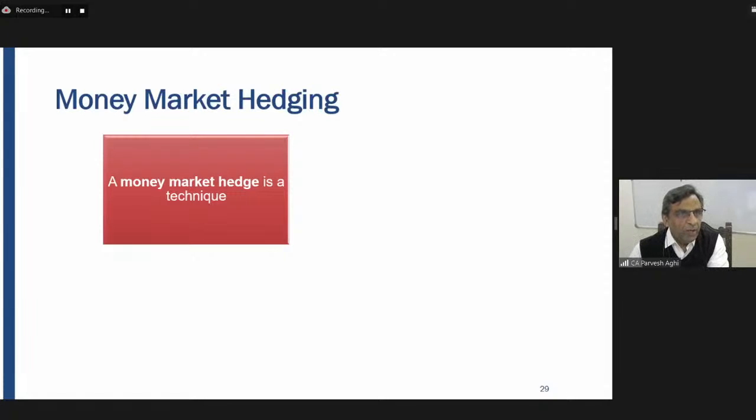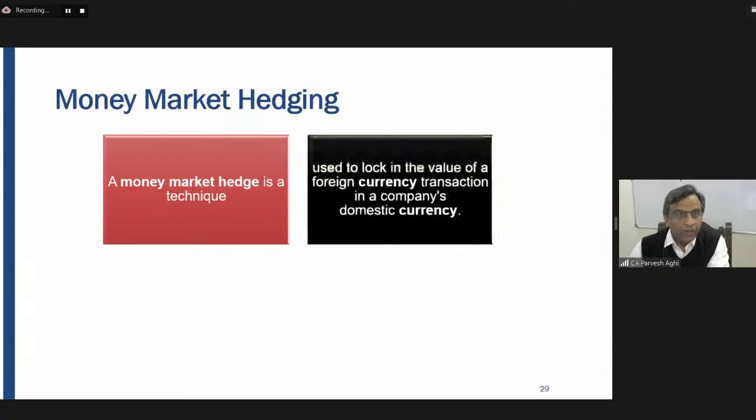Money market hedge is a technique. It is an external technique used to lock in the value of the foreign currency transaction in the company's domestic currency. You want to lock the foreign exchange rate for yourself so that you're not exposed to it.